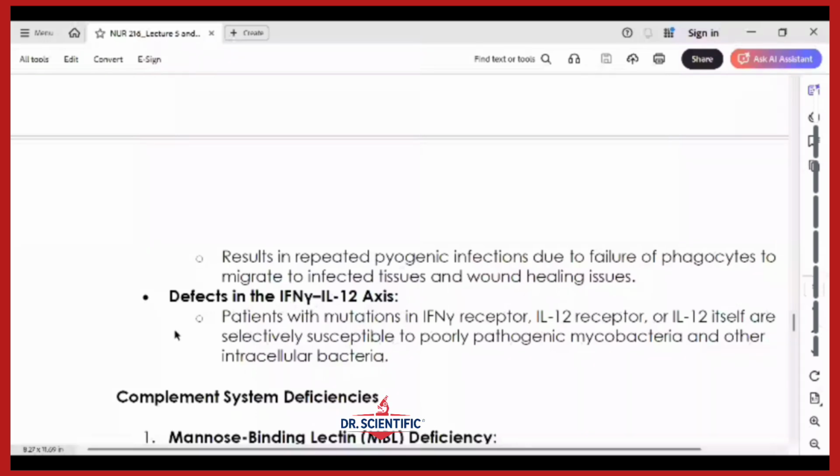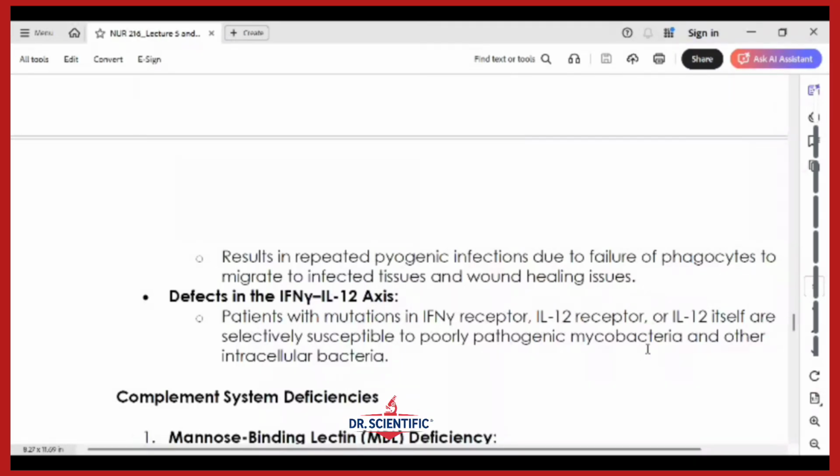Then another phagocytic-related condition is defects in the interferon gamma and interleukin 12 axis. Here, patients have mutations in the interferon gamma receptor as well as the interleukin 12 receptor, or interleukin 12 itself is not properly secreted.